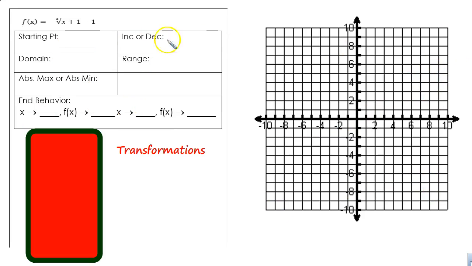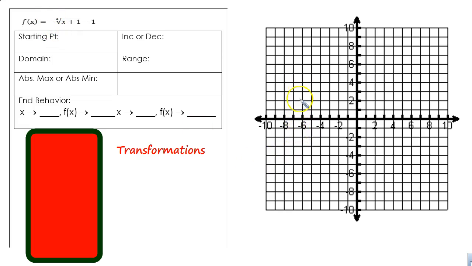In this example, we have f of x equals negative cubed root of x plus 1 underneath the radical and then minus 1 outside of the radical. Now, let's review some transformations before we begin drawing on this graph. A negative in front, outside of the radical, is a reflection across the x-axis.